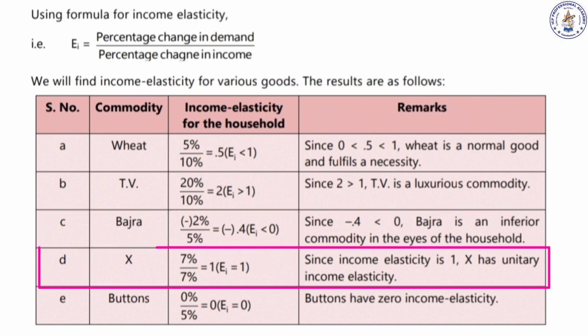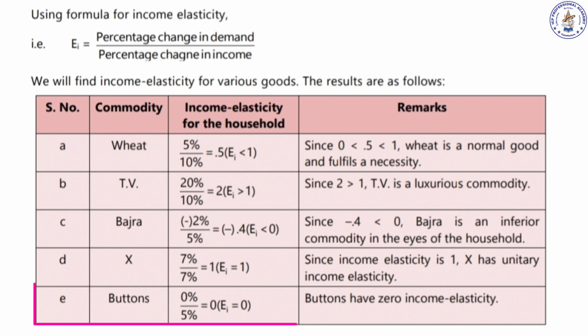Next, for another product which the household is ready to buy, say the product X, a 7% increase in his income makes him move to a 7% increase in the product, that is equal to 1. That means here it is unitary income elasticity.